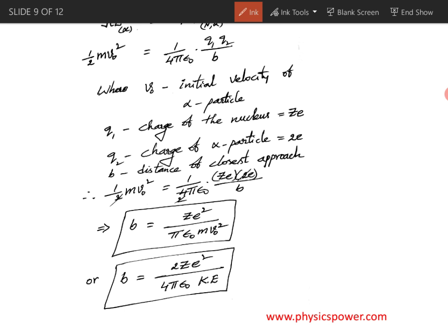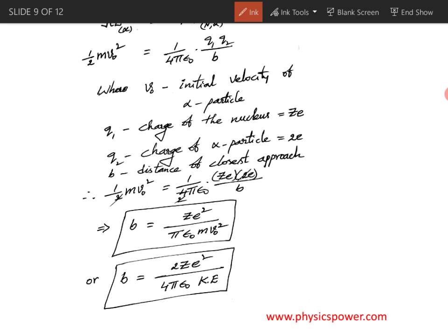Kinetic energy and electrostatic potential energy are both equal, we equated. Further, let q1 be the charge of the nucleus, and q2 the charge of the alpha particle. The nucleus consists of protons, and the alpha particle is nothing but a helium nucleus. Later on they studied and identified the alpha particle as a helium nucleus. Helium consists of 2 protons.